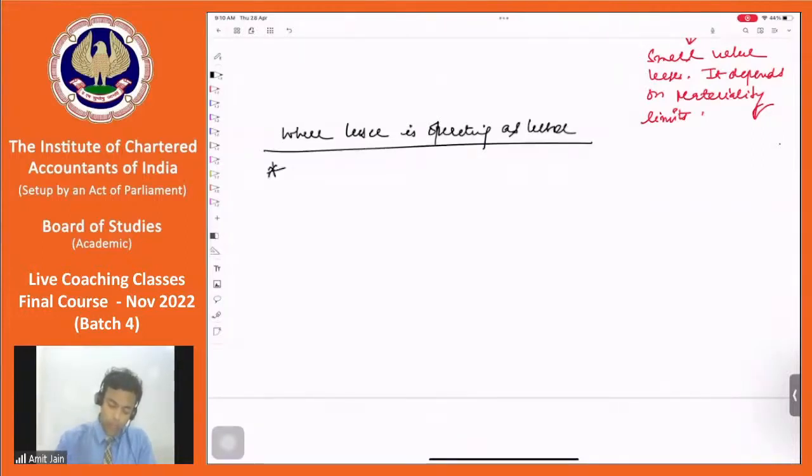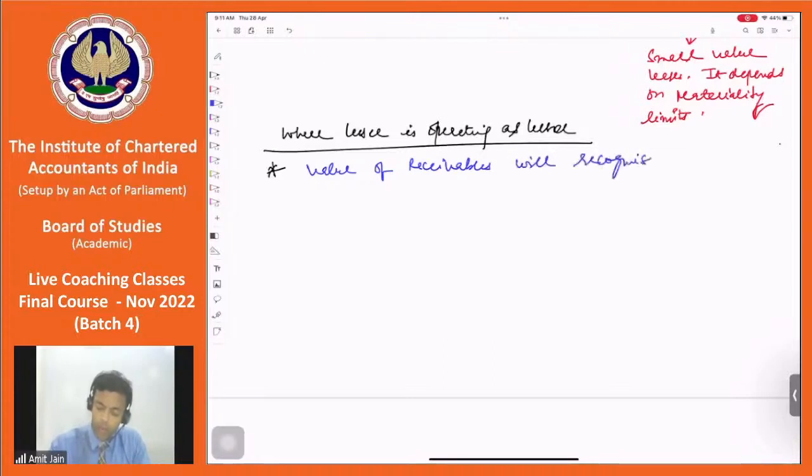In that case, the value of receivables will be recognized the same as in the acquirer's books.